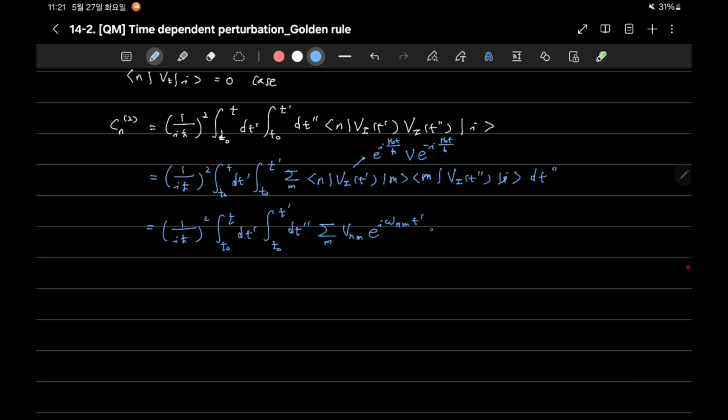Also here, because it is a time varying potential e^(ηt'), also V_mi e^(iω_mi t_2') e^(ηt_2').